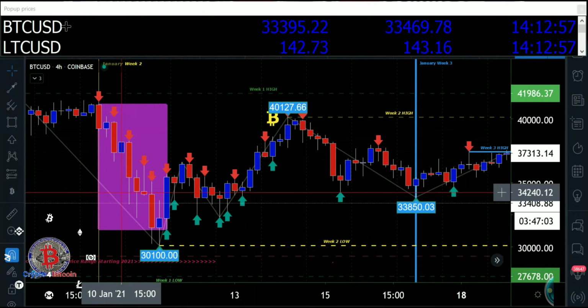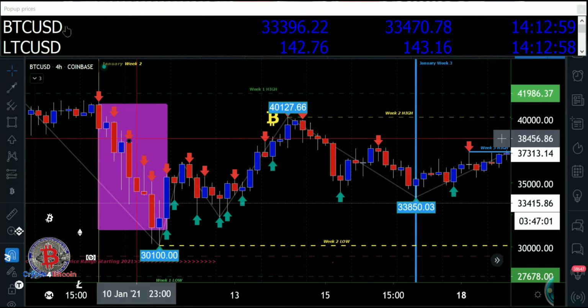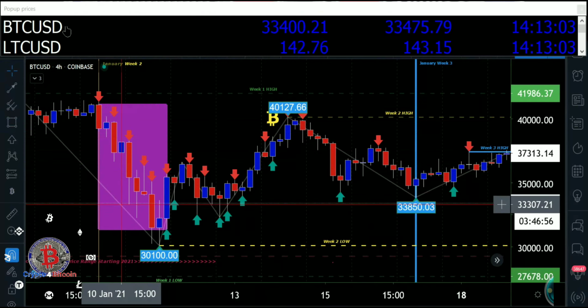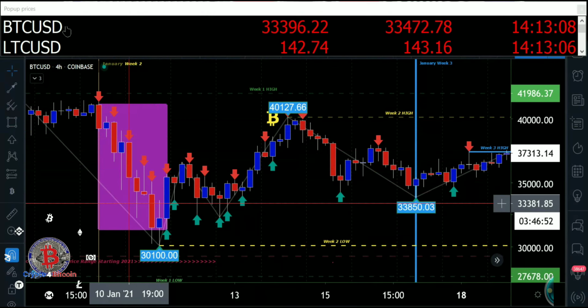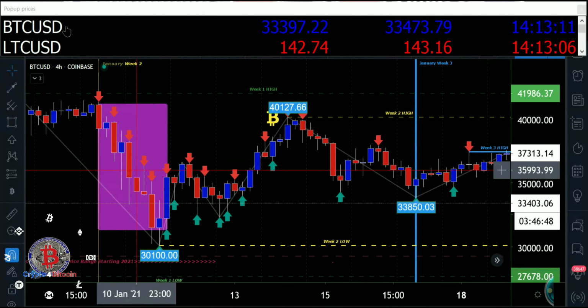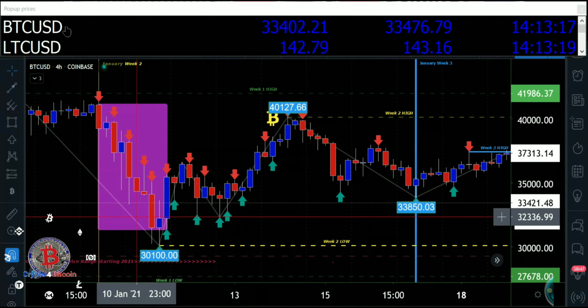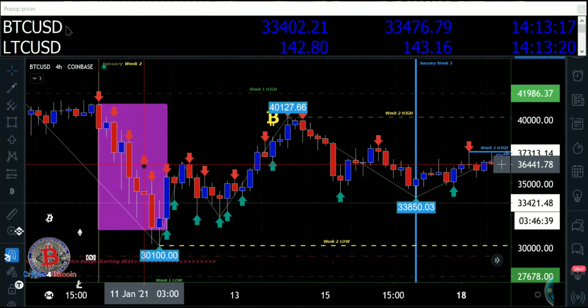So now you have that move. We go to the next one. We're looking at 38 and coming back down to 33. Another 4 plus $5,000 move. Go up 5, 35 to 32. Another 2 to 3,000. This is all just straight back to back.